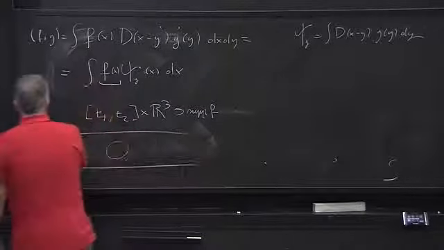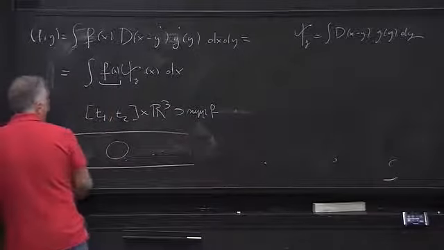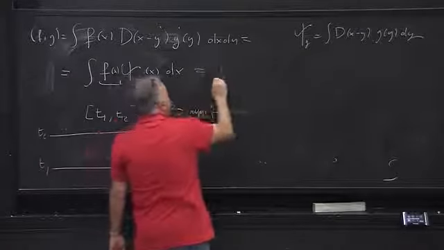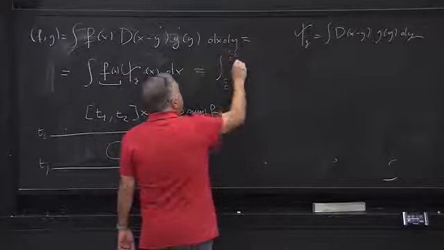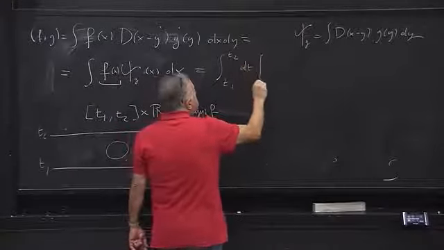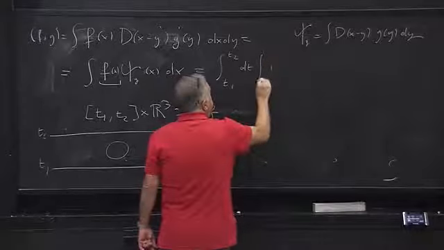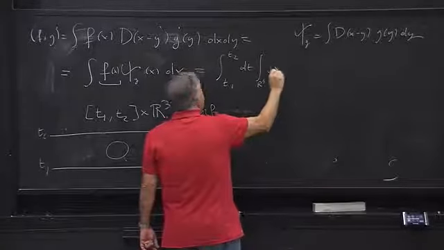This is T1. So this integral is equal to the integral from T1 to T2, the integral over R3, the same thing.